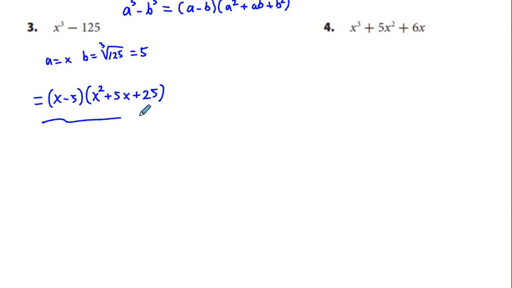So that's using the difference of cubes to factor this cubic binomial.